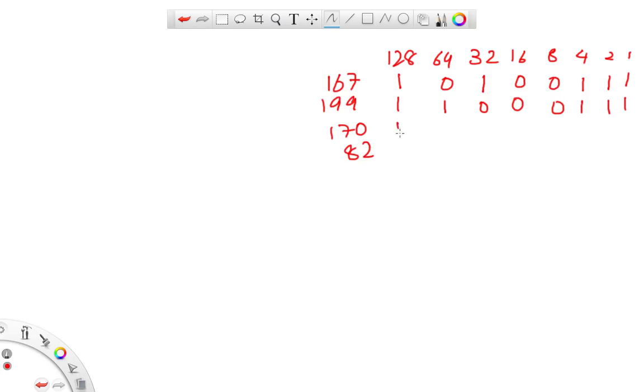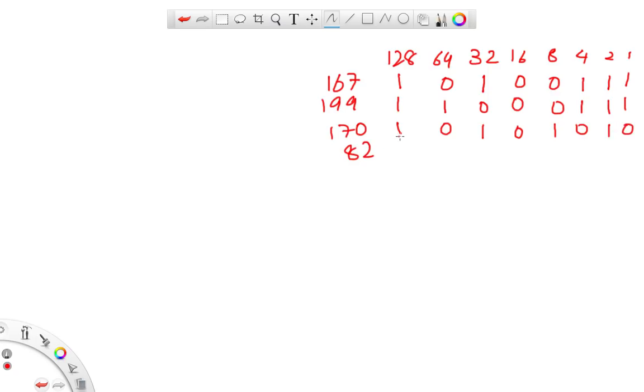For 170, you have your 128 and then 170 minus 128, which is 42. You cannot have a 64, but you can have a 32. So 42 minus 32 is a 10. You don't have a 16. You have 8, 9, 10, and all the rest are zeros.